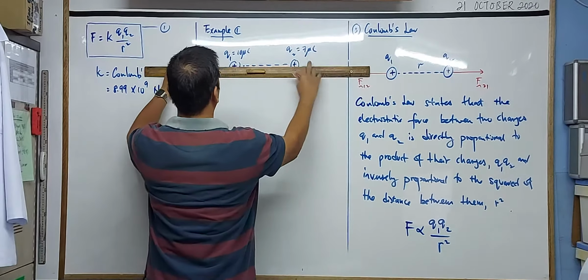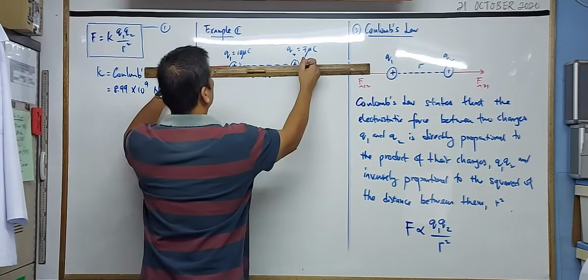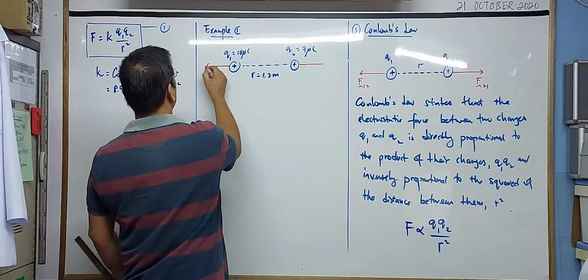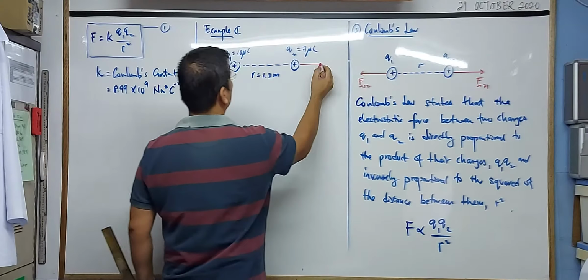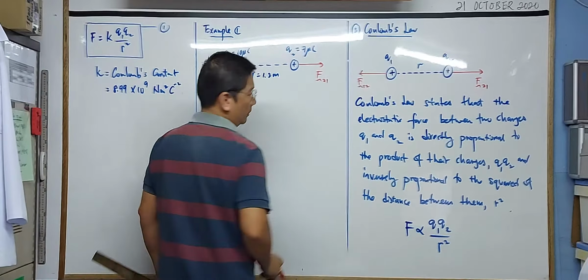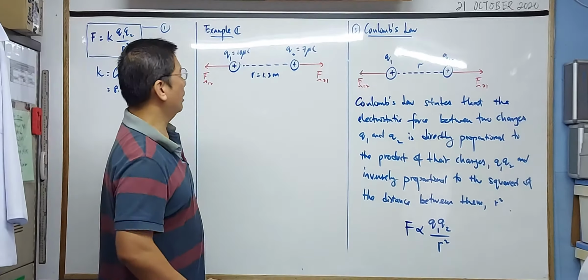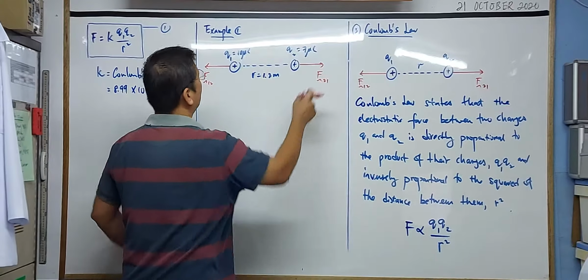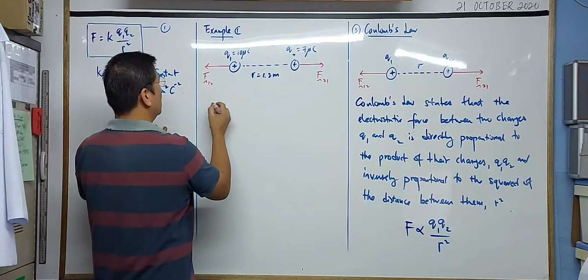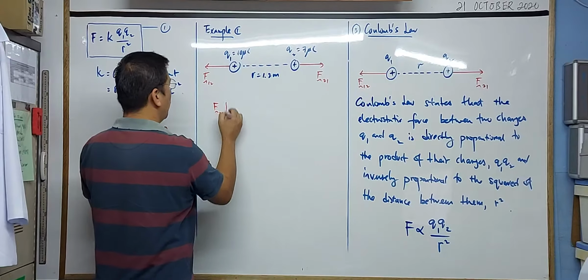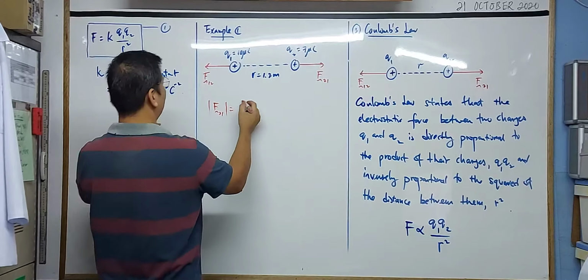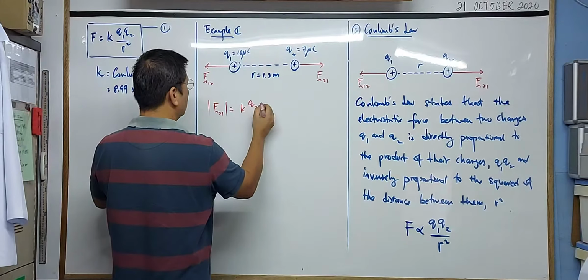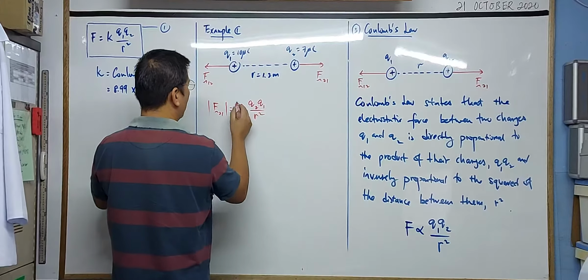So the force between them, let's say we have two forces here. This is F12, this one is F21. Since we are only interested in the magnitude at the moment, we calculate the force 21. The magnitude is given by the same formula, Q2 Q1 over R squared.